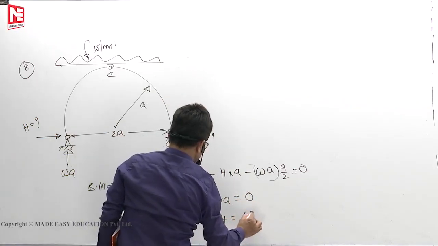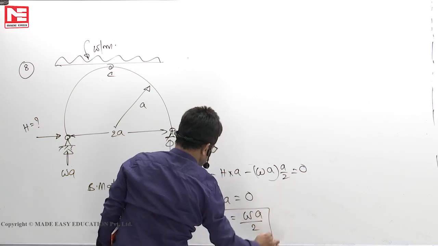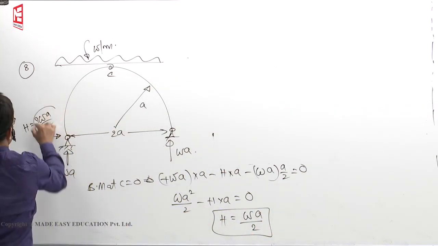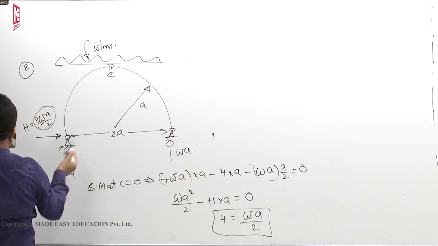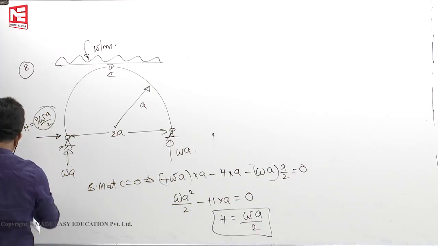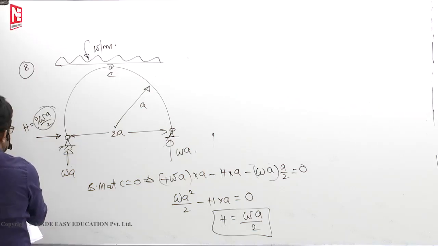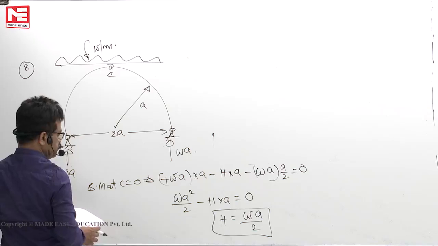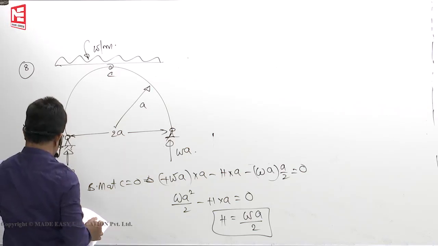So H will be WA by 2. Half of that, WA by 2. Here the options are in terms of radius L, on the whole span L. He has taken it as the whole span. WL by 2 means we should get WA by 2. So C is the option.